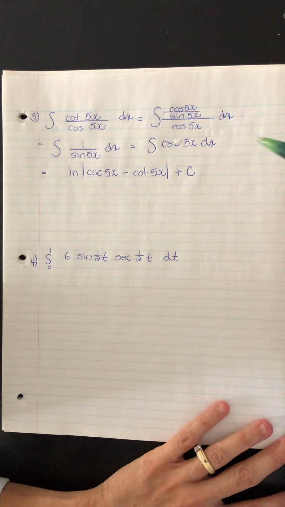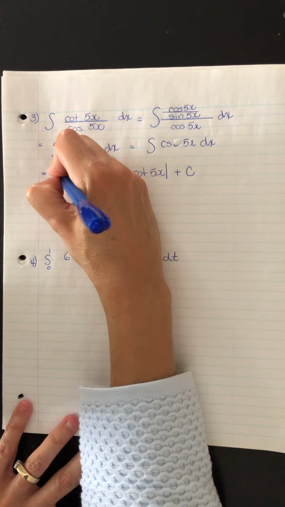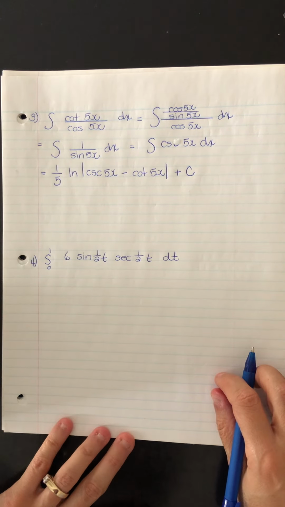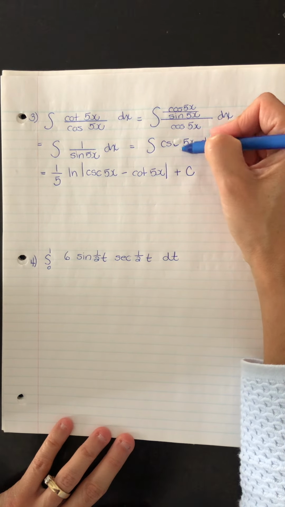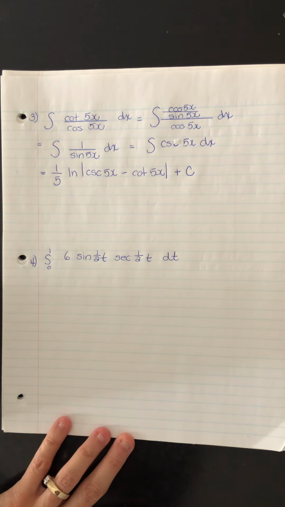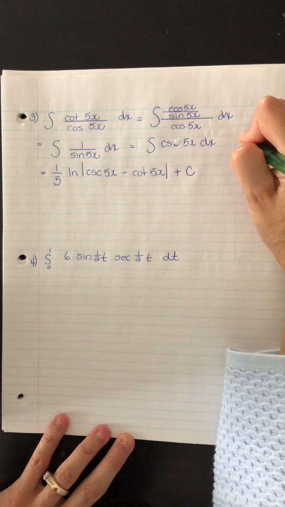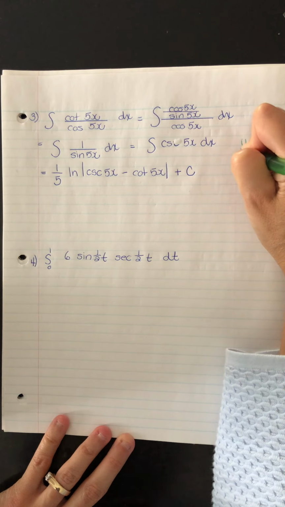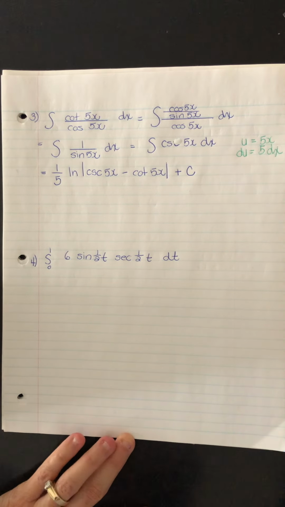Now, I should know also that I need to precede this with 1 over 5, since the derivative of 5x isn't 1, but rather 5. Now, if that's confusing for you, you can still do the whole thing where we say, well, u is 5x, and that means du is its derivative, which is 5 dx.